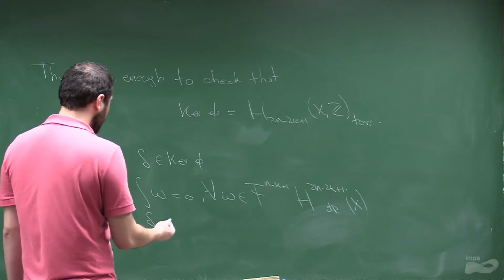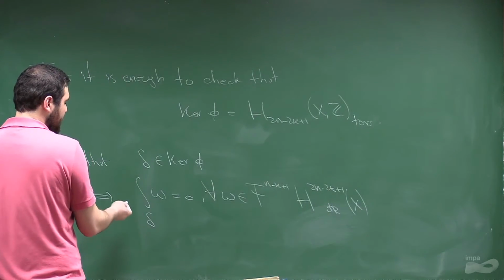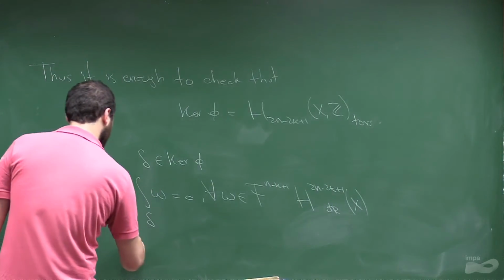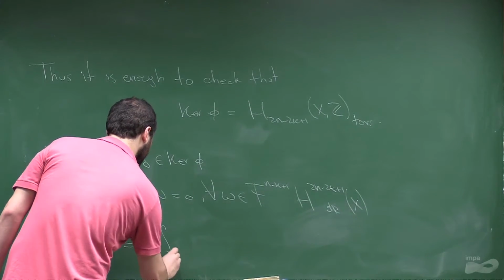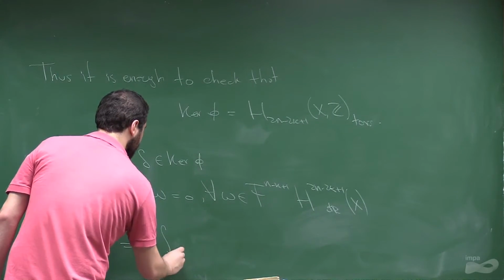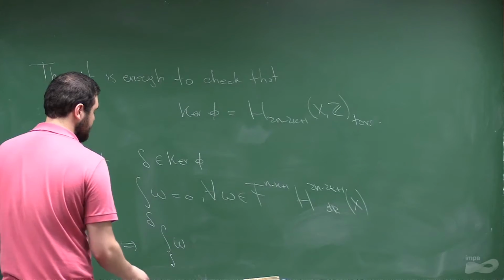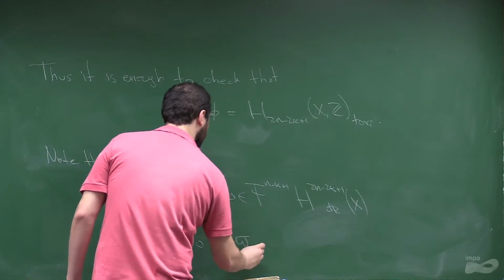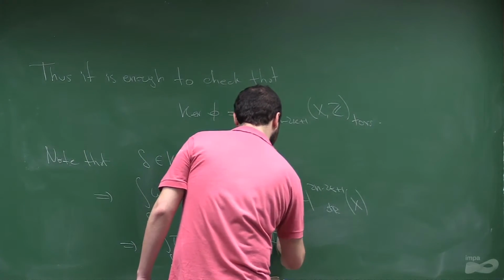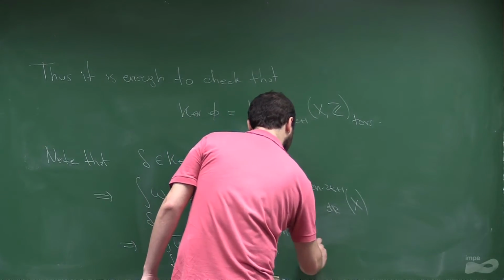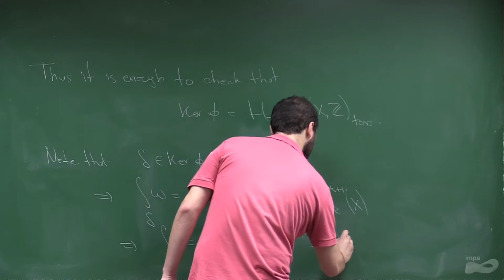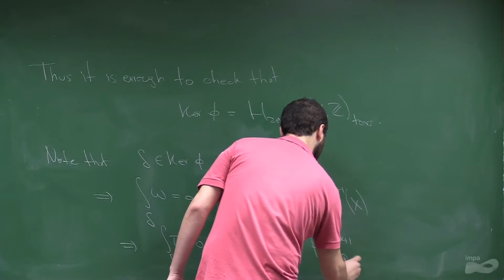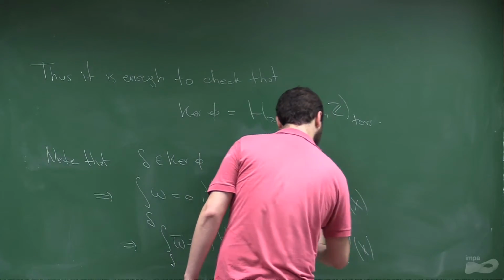And if we conjugate this, we will get that the integral of delta over, let's say, omega bar is equal to 0 for every omega bar in the conjugate of this group.